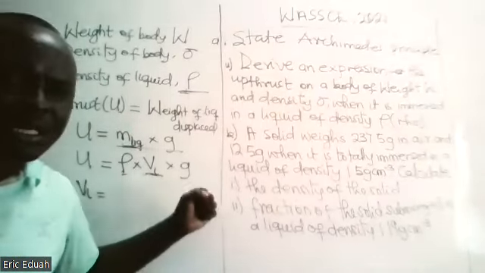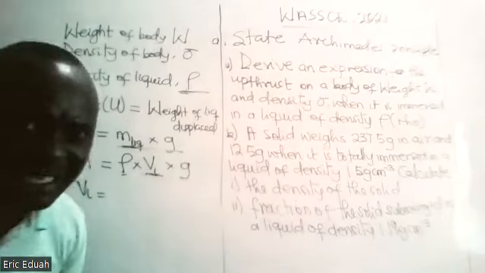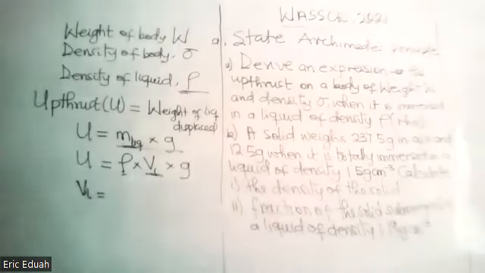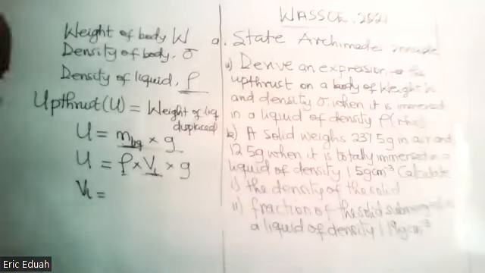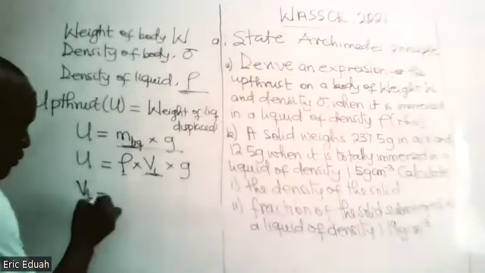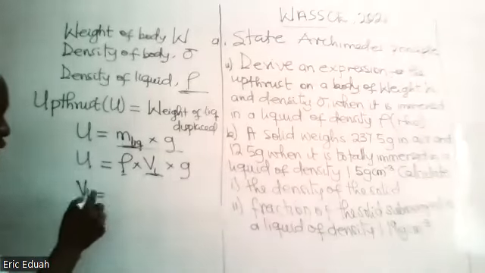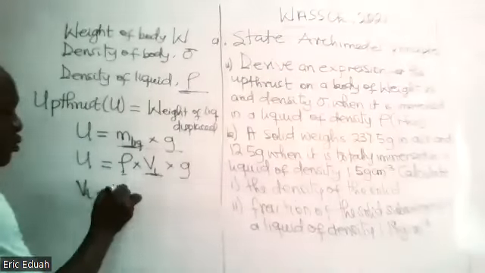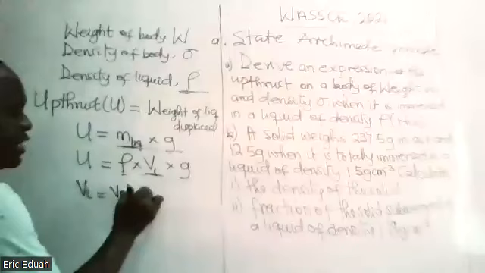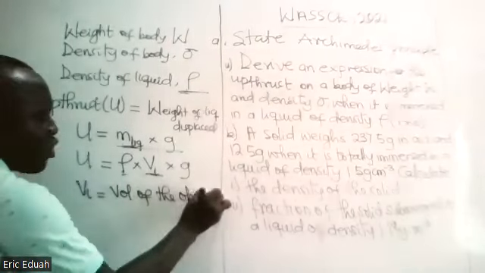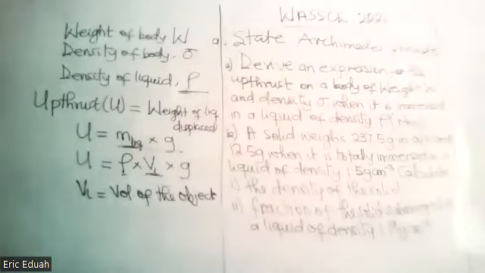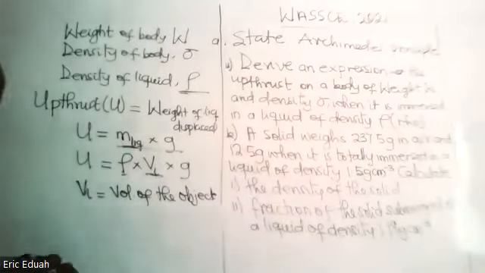So once the body is completely immersed in the liquid, the volume of the liquid displaced is equal to the volume of the object. Class, are we okay? Yes. So the volume of liquid displaced will be equal to the volume of the object, and the reason is that the object is completely immersed in the liquid.